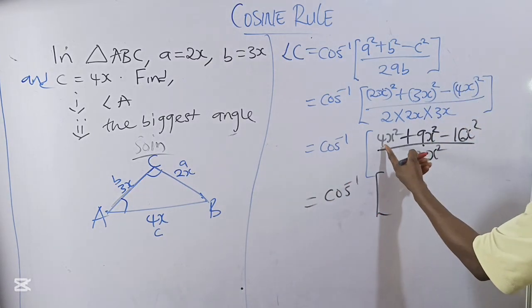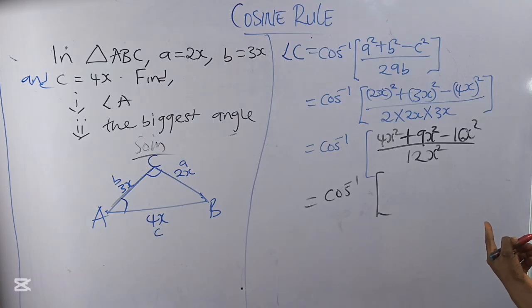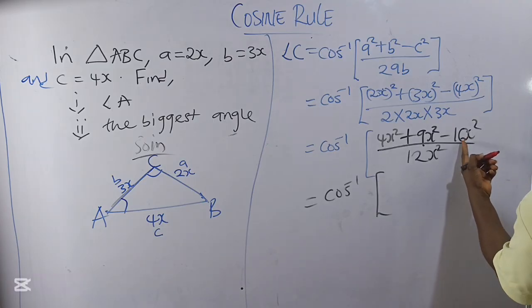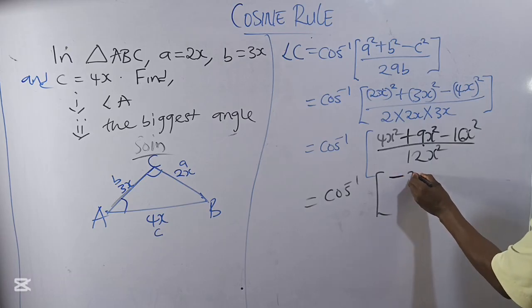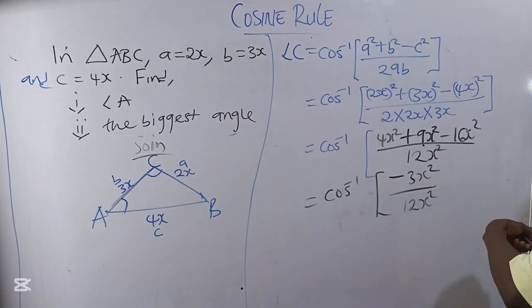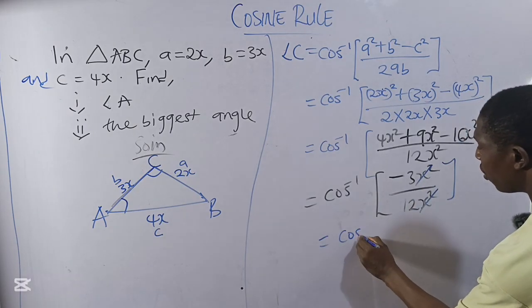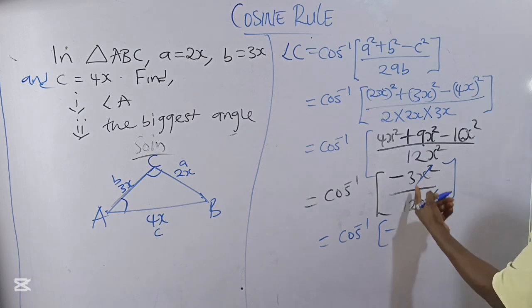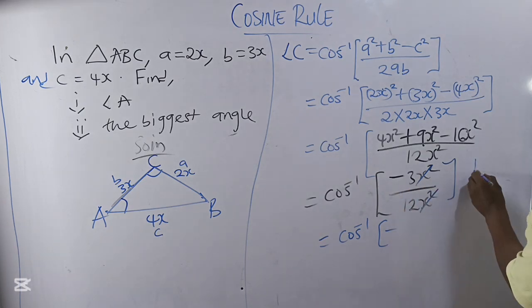So we have this. 4 plus 9 is 13, and 13 minus 16 will give me minus 3x squared, all over 12x squared. So you can see that x squared will cancel. And I'll have cos inverse of minus 3 divided by 12, which will give me minus 1 over 4.